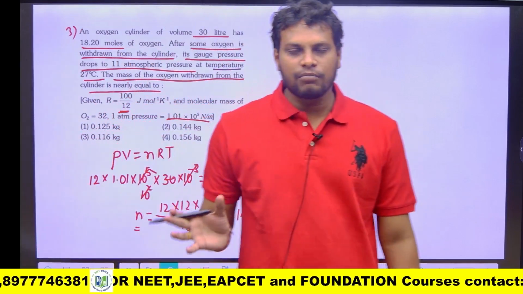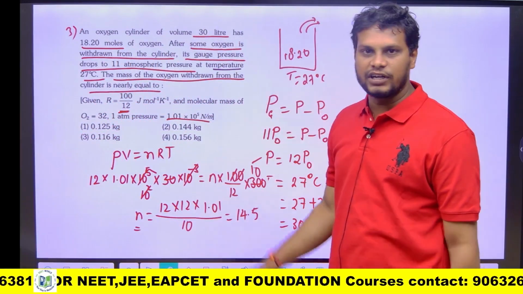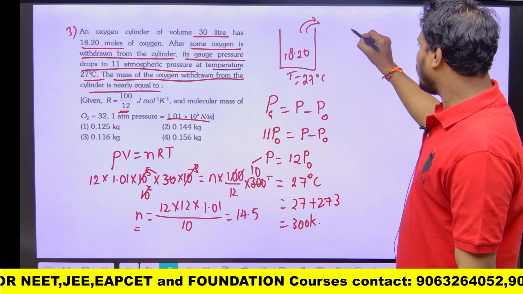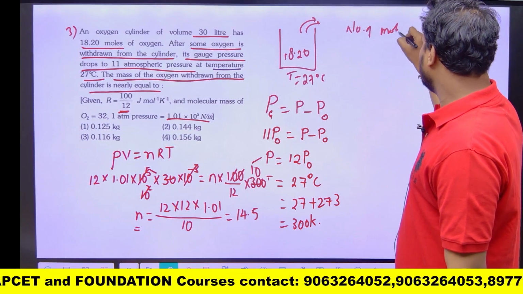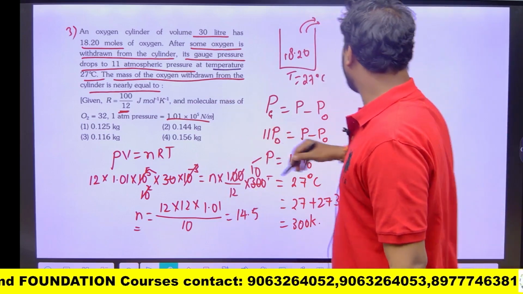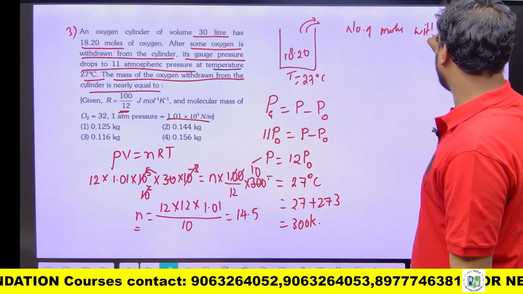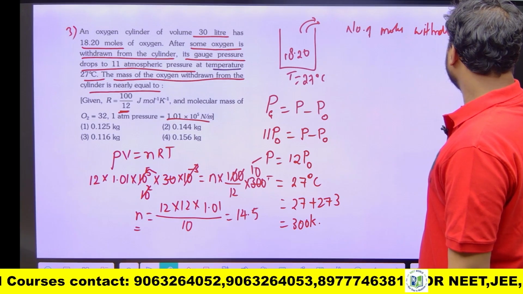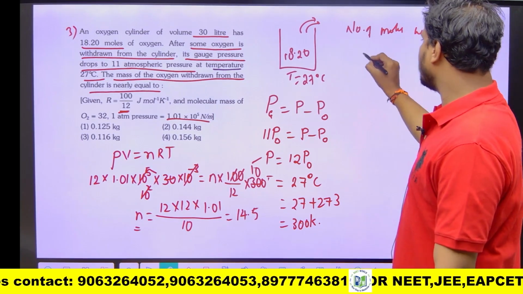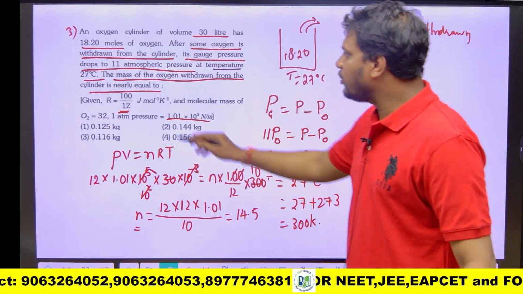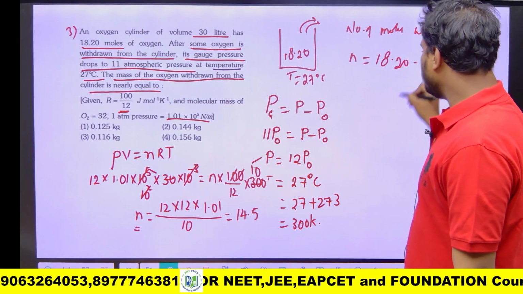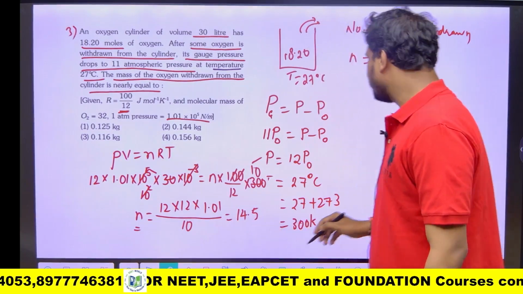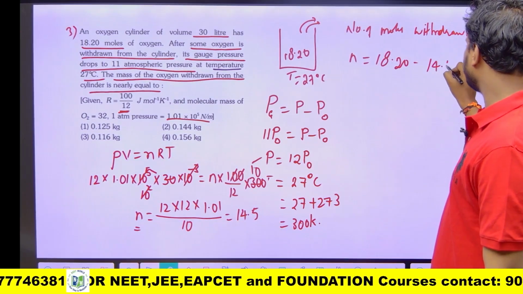Now how many moles escaped out of this cylinder, we are going to calculate. We can say the number of moles withdrawn. The number of moles withdrawn is equal to, initially we have 18.20 moles, and now how many moles of the gas are left, that means 14.5.